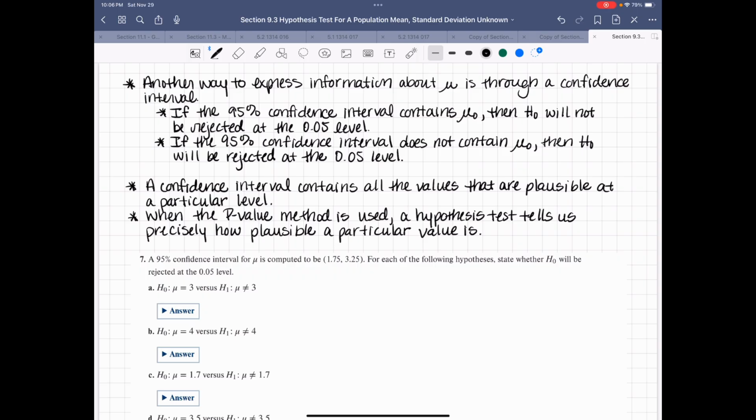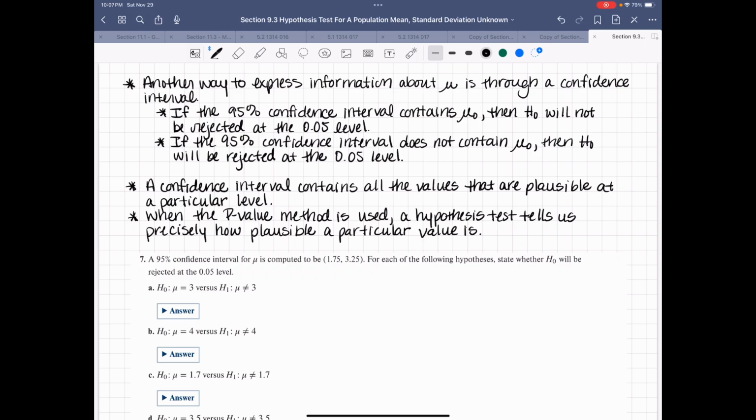So if that null falls in the confidence interval, then we will not reject it because we're 95% confident that that null is in that interval. If the 95% confidence interval does not contain mu sub 0, then the null hypothesis will be rejected, because it's lying out there in that 0.05 level.